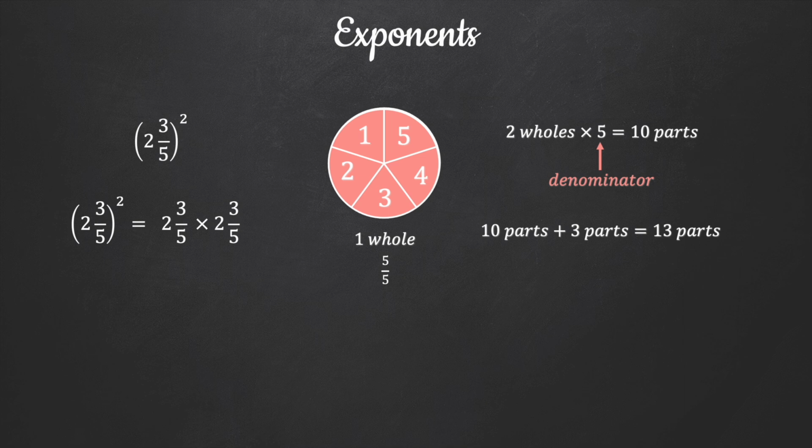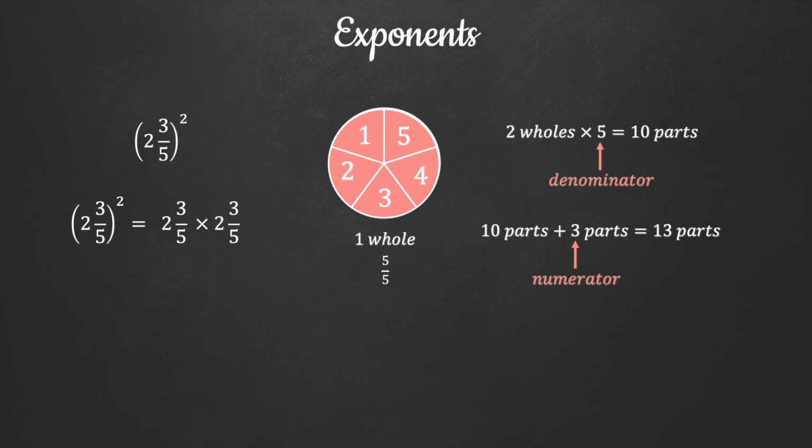Then we're going to take those 10 parts from our 2 wholes and include our 3/5. So 10 parts represents the 2 wholes, but we still have 3/5 left over. Because the 3/5 is not enough to make a whole, we're just going to add those 3 additional parts, and we get this number from our numerator.